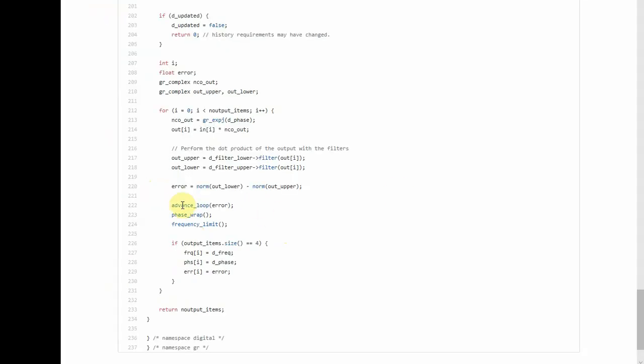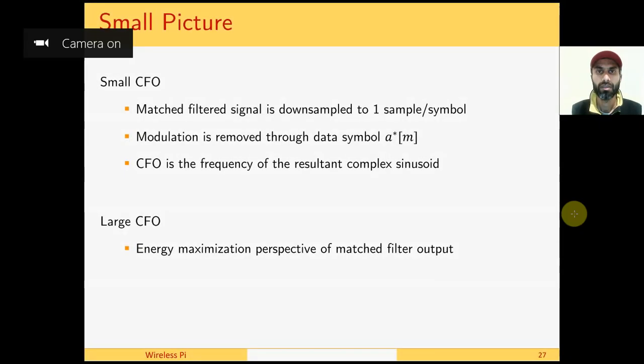The role of the functions advance loop, phase wrap, and frequency limit has been discussed before in a lecture of Module 4. In summary, for a small CFO, the timing is recovered first, and the matched filter output is downsampled to one sample per symbol. Next, the modulation is removed through the product with the data symbol conjugate and the underlying waveform.